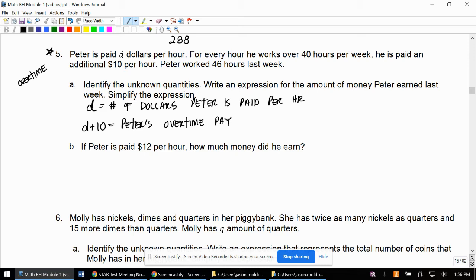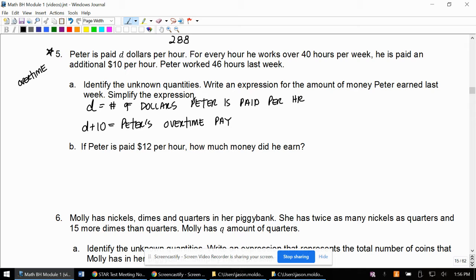Overtime meaning that after 40 hours, he gets a different pay, actually, he gets paid more. Some places they'll talk about time and a half, where if you get paid $10, time and a half would be you get paid $15. Essentially, you're going to multiply this by 1.5, or time and a half. In this case, it's just increased by 10.